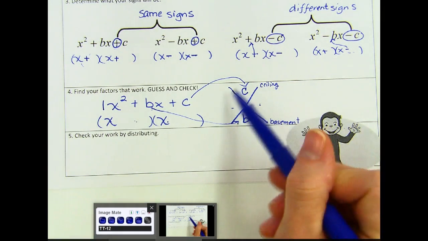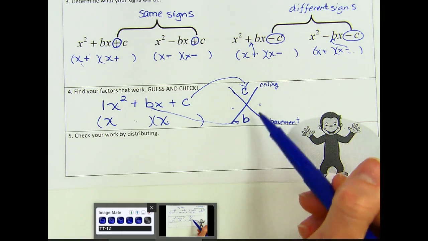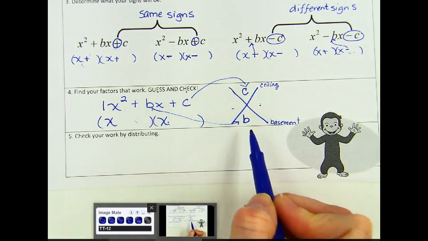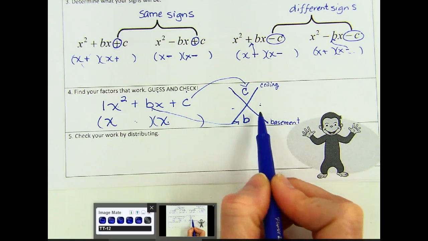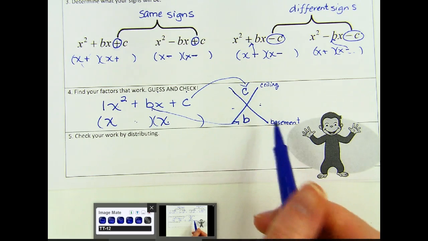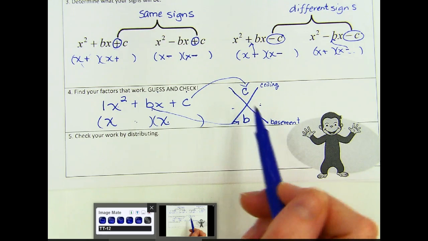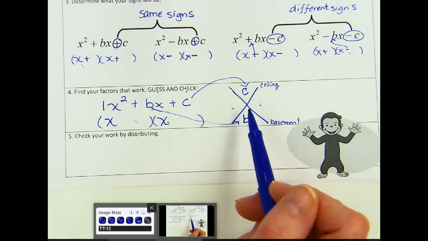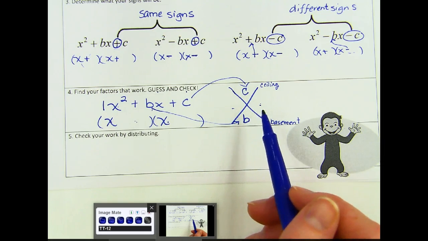Now, I really don't want you to use this every time because once you get the hang of what you're doing, you're guessing and checking to figure out a puzzle, you won't need this anymore. And this really only works today until we get to later on. So if you need to use this, it's fine, but I really need you to know that you are doing distributive property backwards.